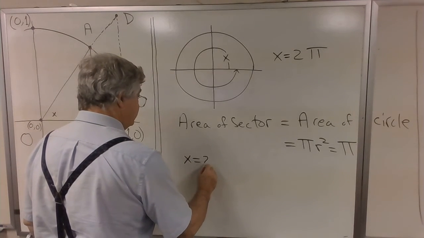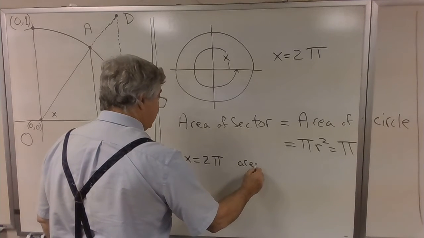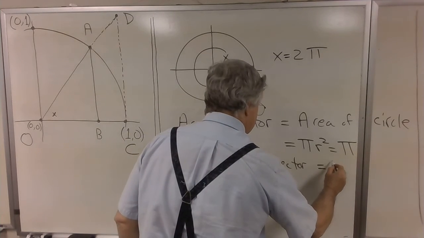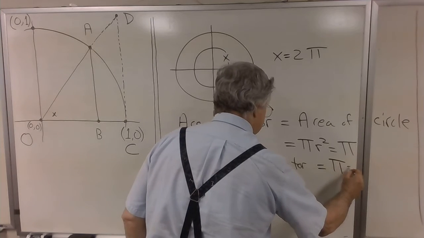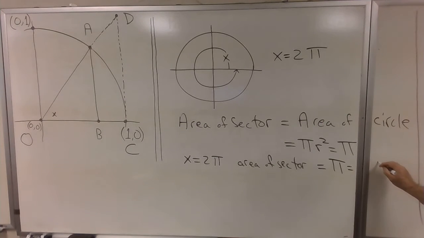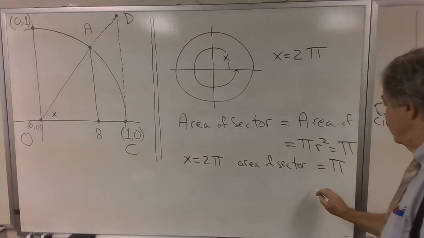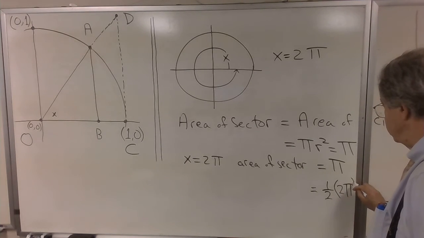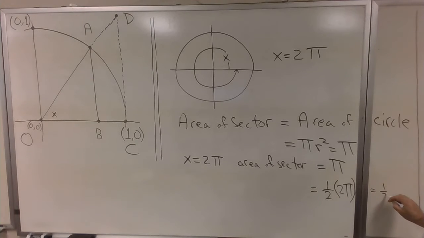So we have x equals 2 pi. Area of the sector is equal to pi, which is 1/2 times 2 pi, which is 1/2 x.